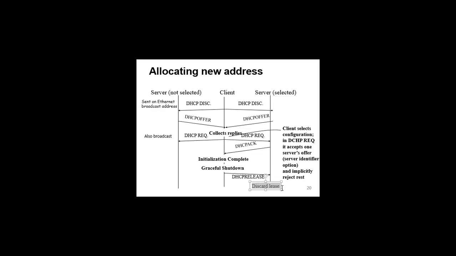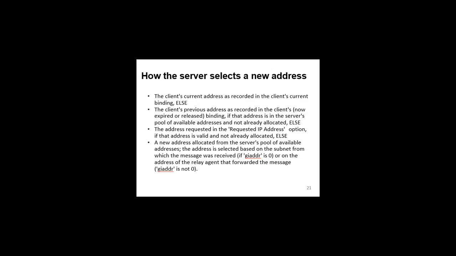It will be shown as a release at the termination point, and in the end this IP address will be released and may be used by any other user at a different time.